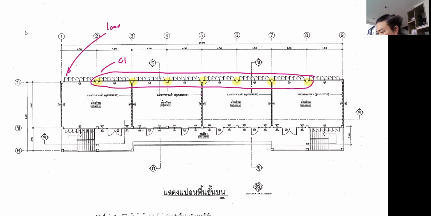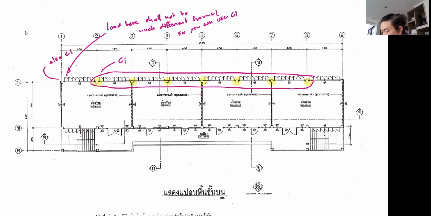And here, the load here shall not be much different from C1. So you can use C1 for the matter. Okay, so that means this is also C1.